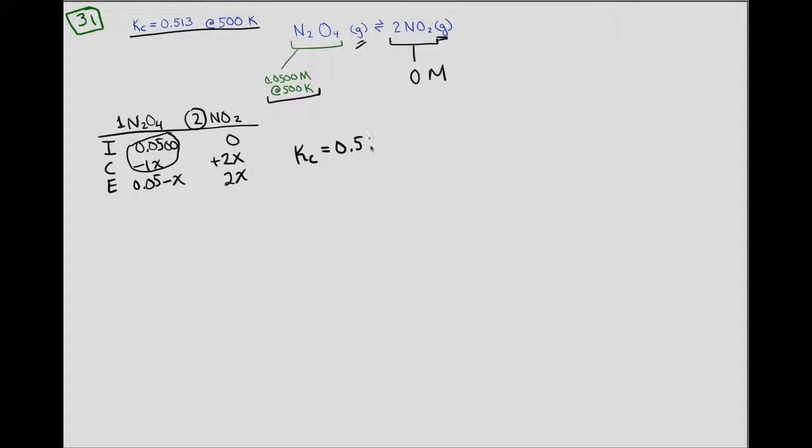I don't know if it's actually needed yet, but we'll see. 0.513, and that equals the products, which are over here. It's a concentration of NO2, and the coefficient is 2, so we put that 2 over here as a power, and we'll put the reactant, the concentration of N2O4, on the bottom.